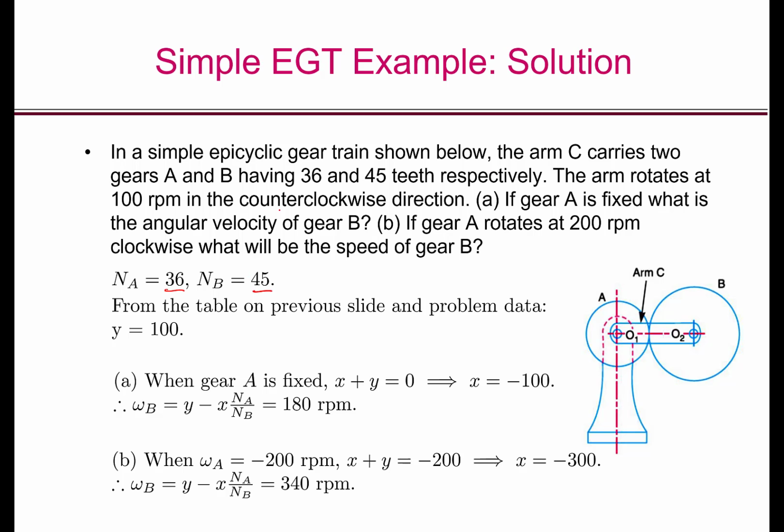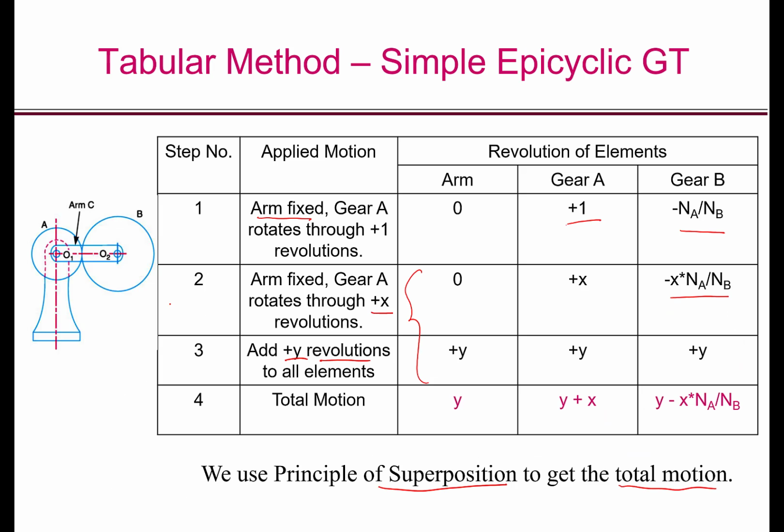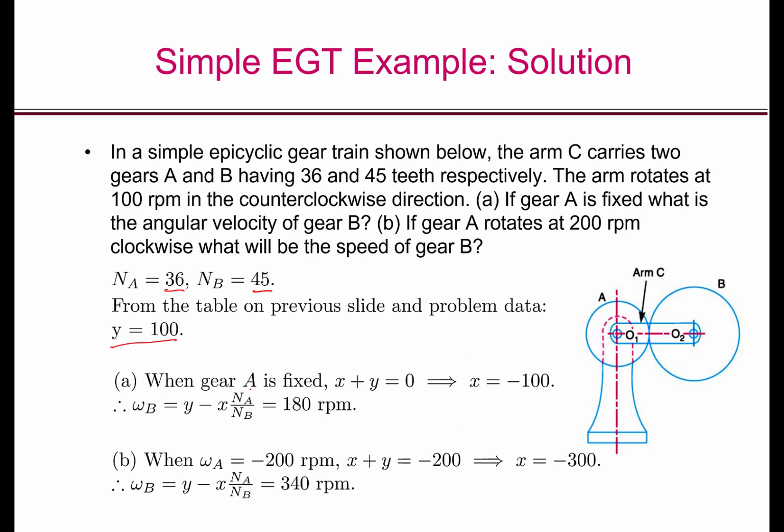The arm rotates at 100 RPM in the counterclockwise direction, so Y equal to 100 from the previous table, because the total motion of the arm is Y. When gear A is fixed, since the total motion of gear A is X plus Y, we have X plus Y equal to 0. Therefore X equal to -100. Therefore the angular velocity of gear B is Y minus X times NA by NB, which gives 180 RPM.